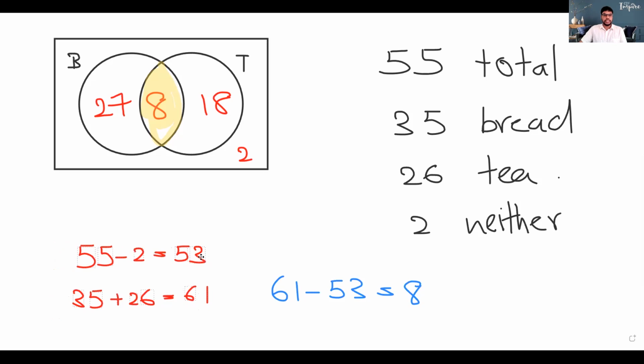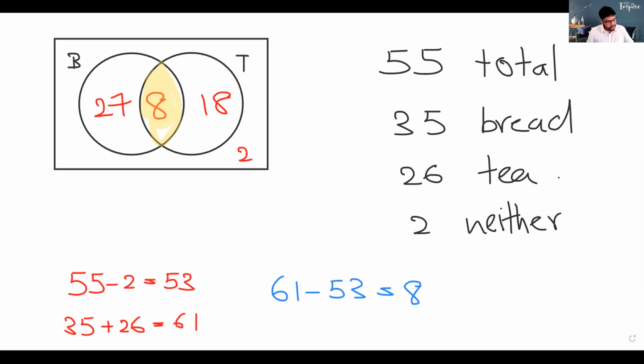Now have a look at this, children. If I add 27 plus 18 plus 8, this will be 53, right? 27 plus 18 plus 8 is 53. But if I add another 8, that will be 61.